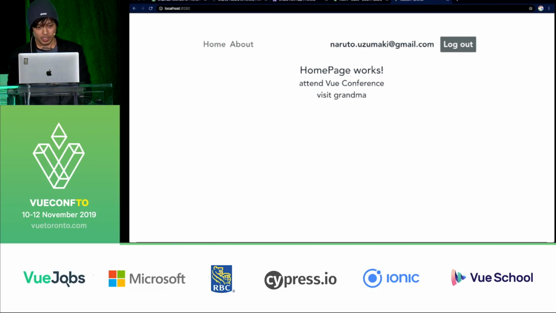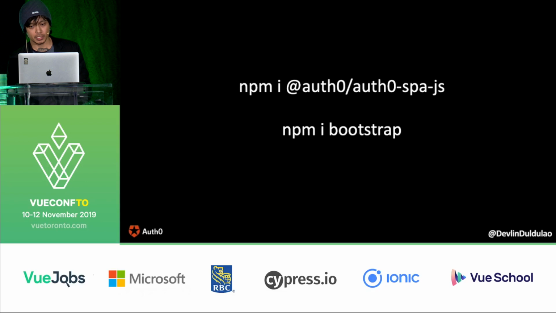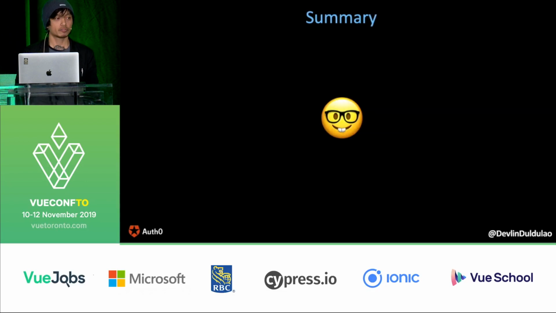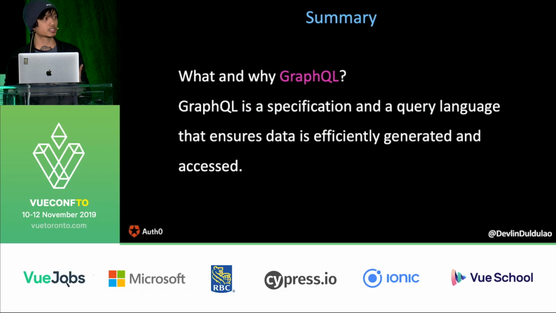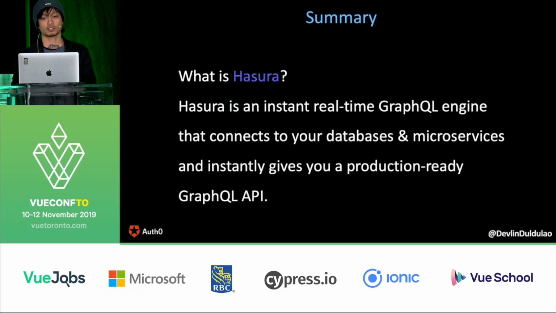Okay, so to wrap up, the summary: we've learned what GraphQL is and why, Hasura, Apollo, Auth0. GraphQL, again, is a specification, a query language that ensures data is efficiently generated and accessed. Hasura is an instant real-time GraphQL engine that connects to your databases and microservices and instantly gives you a production-ready GraphQL API.